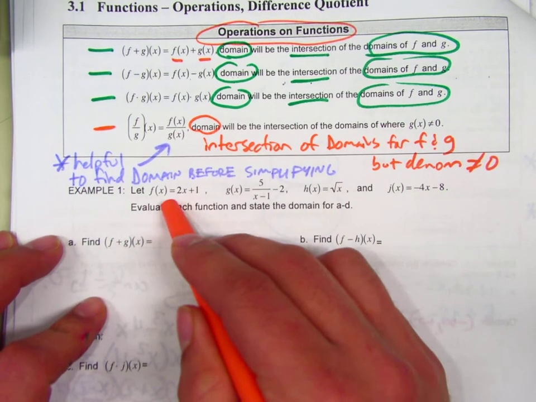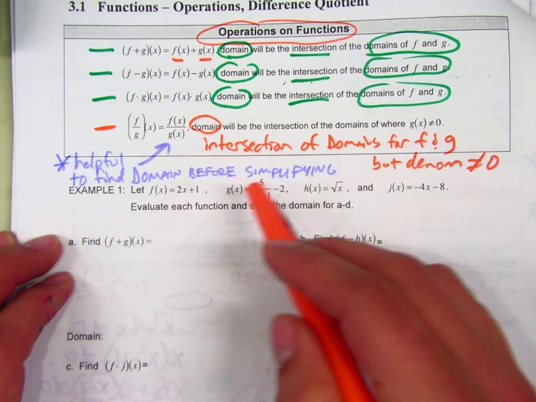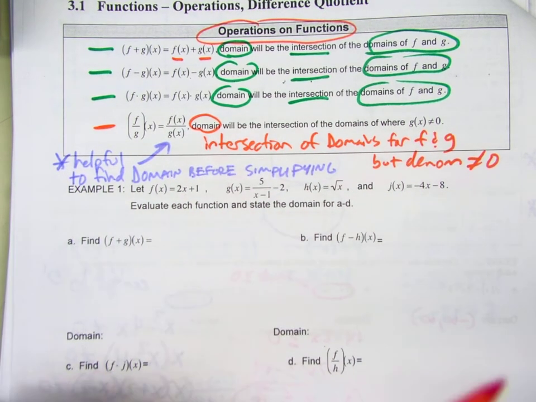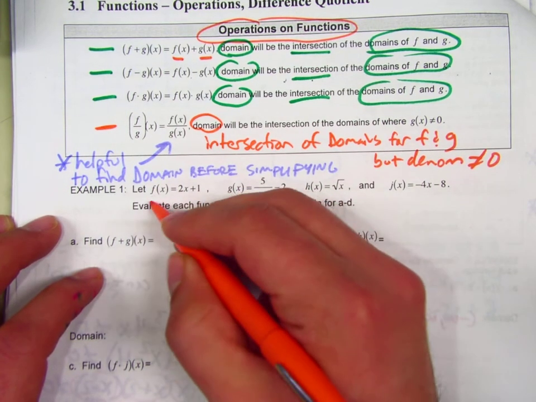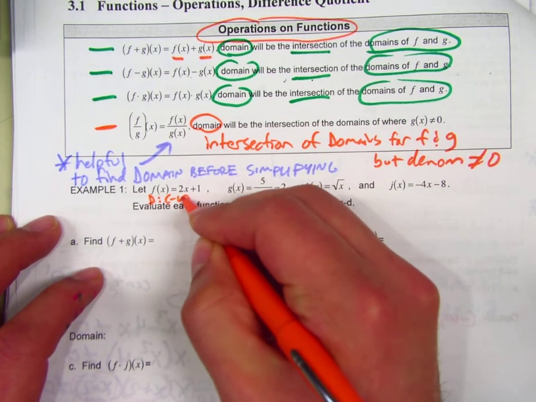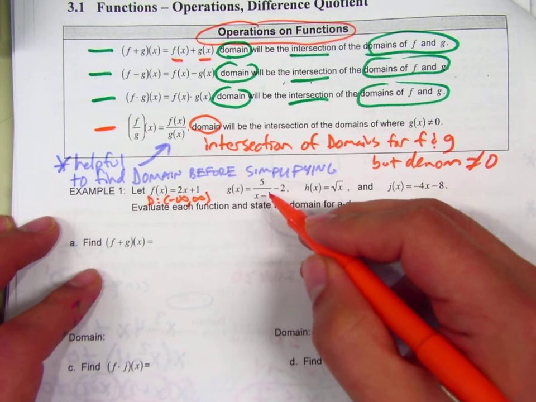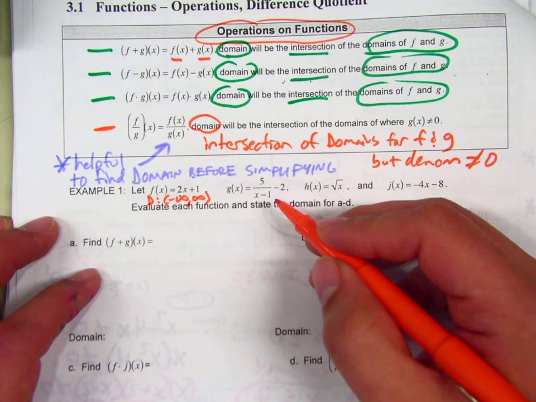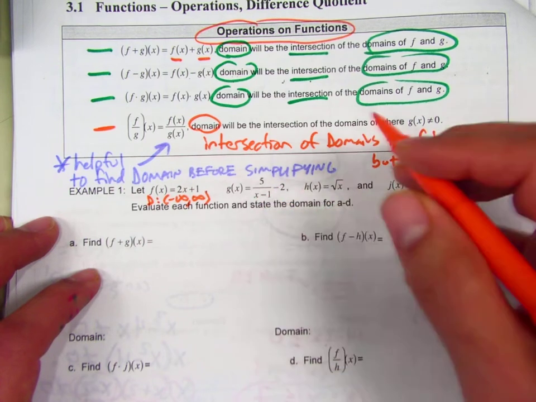Let's go ahead and find the domain first. So we're going to add, subtract, multiply, divide these, but let's find the domain for all four of these first so that we have them in front of us. Okay. What was the domain for this one again? Good. This one, what's the only problem here? Yeah, we have this denominator. It can't divide by 0, right?